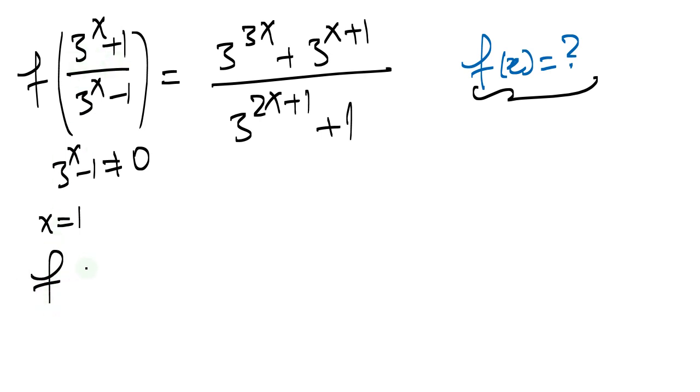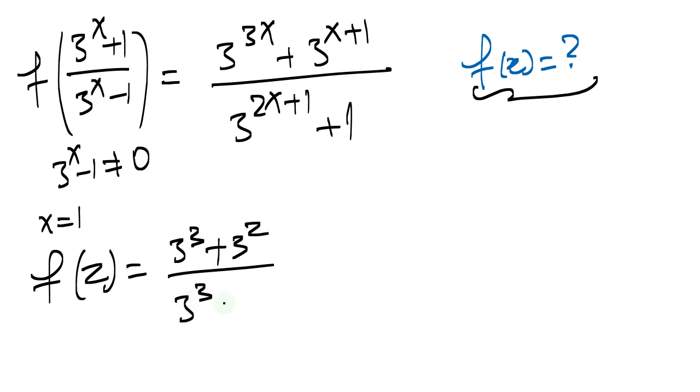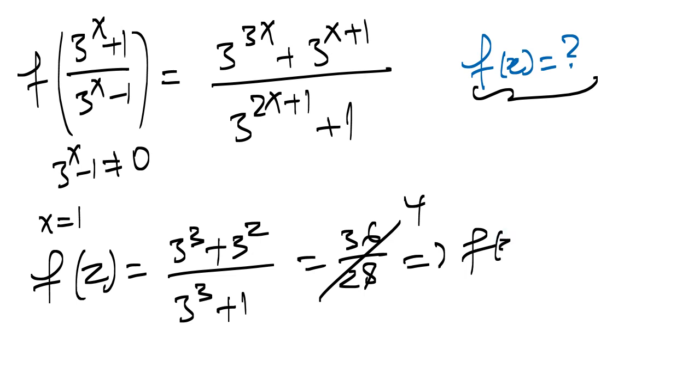So we're going to have then f of 3 to the 1 plus 1, which is 4, and then here we're going to have 3 to the 1 minus 1, which is 2. 4 divided by 2 is 2, so we're going to have f of 2 equals to 3 to the 3 plus 3 squared divided by 3 to the 3 plus 1, and then this would be 36 divided by 28, and if we simplify by 4, we're gonna have then that f of 2 is equal to 9 divided by 7.